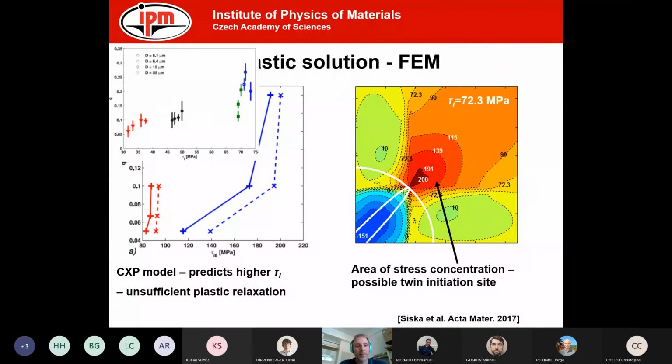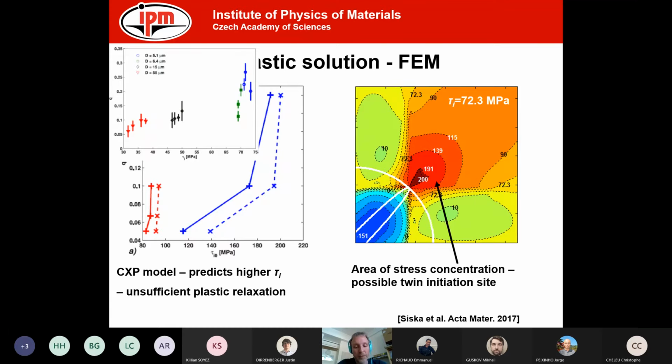But if you compare the values with the experimental ones, here we are at about 73 at the maximum for 5 micron grains, and for 5 micron grains here, the stress is twice as high as the experimental values. So the plastic deformation itself probably cannot explain the twin growth in the experiments.